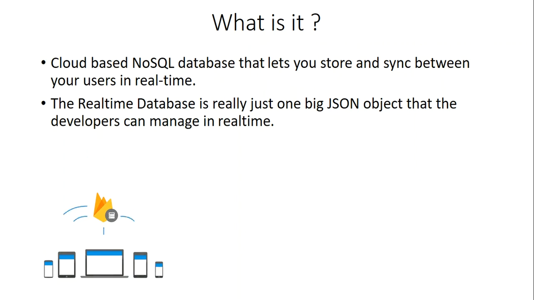It's secure, it is scalable to some extent, and it has support for offline sync also. You can see in this animation that one device is sending data to the cloud, and it is stored in the database and synced across all the devices that need it, right?